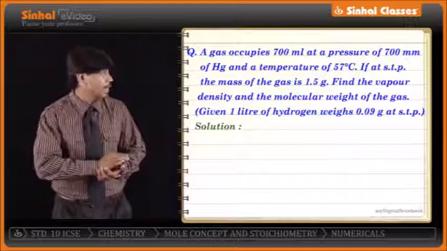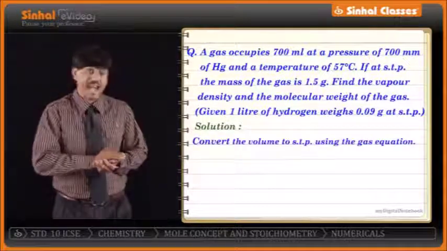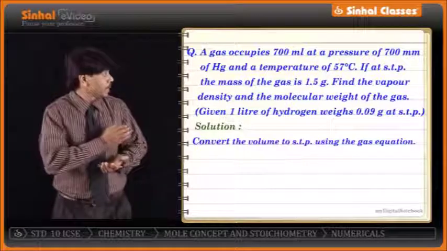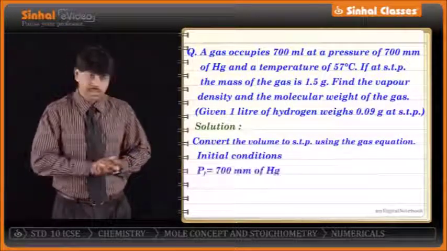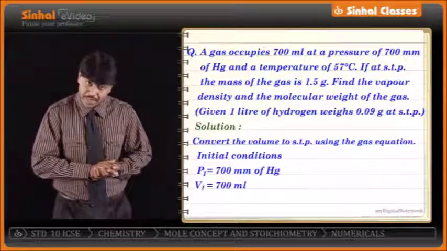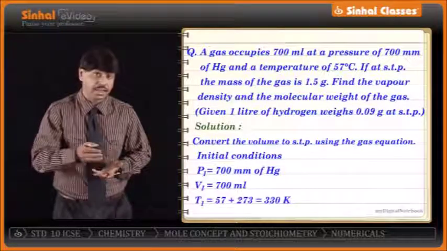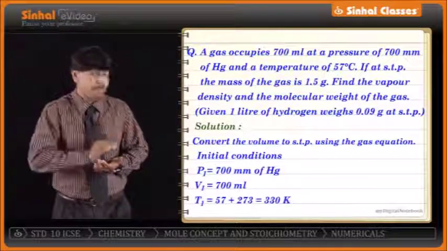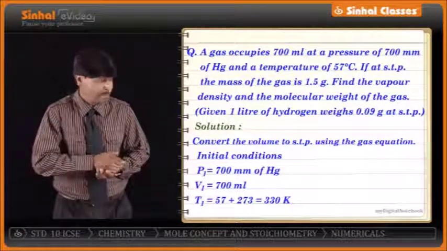First and foremost thing, convert the volume to STP using the gas equation. Initial condition given to us is P1 700 mm of mercury, V1 700 ml, T1 57 degrees, convert into Kelvin, 57 plus 273 equals 330 Kelvin.